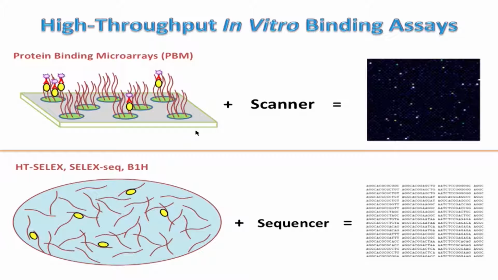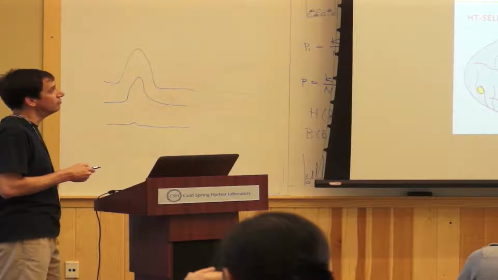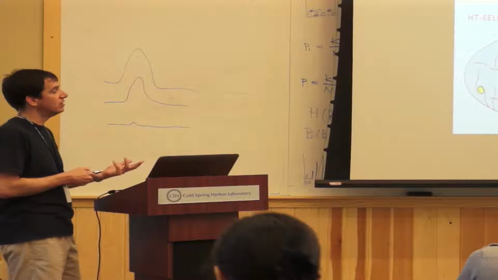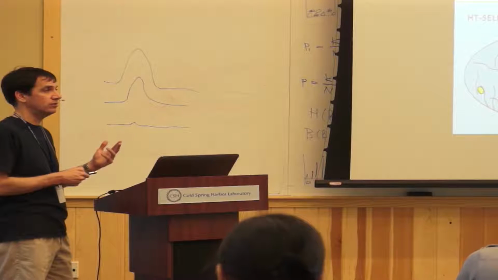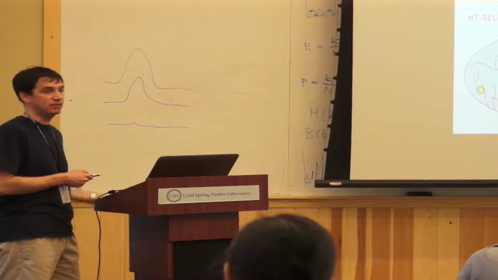Then, with the use of a fluorescence scanner, you take a snapshot of the microarray, and every single spot represents how much fluorescence intensity you have, which, if you're in the low free protein concentration limit that Harmen talked about a couple of days ago, is proportional to the level of occupancy, how much protein is bound to the DNA at that spot.